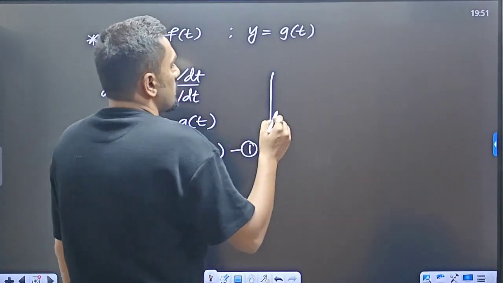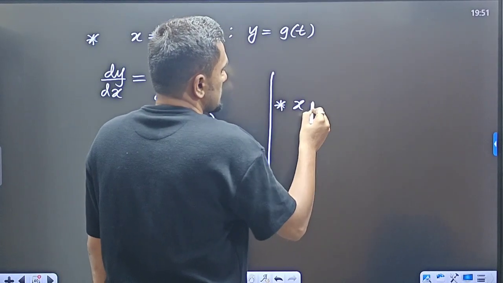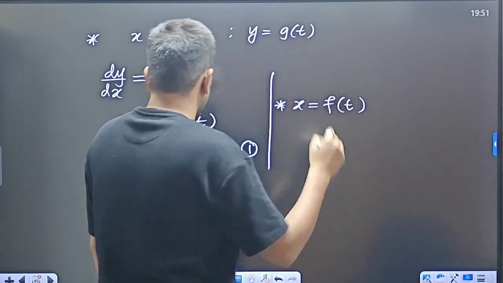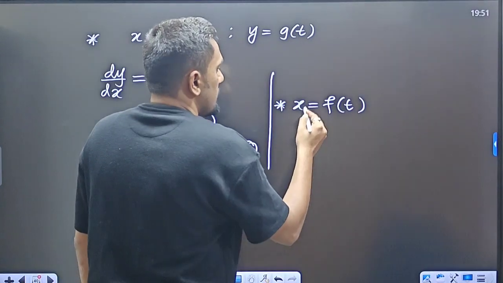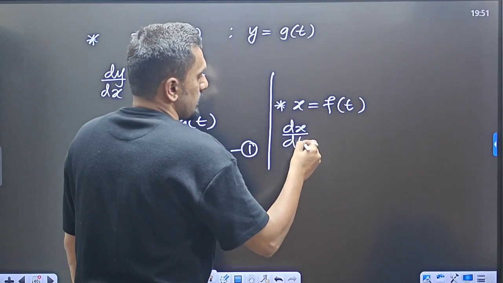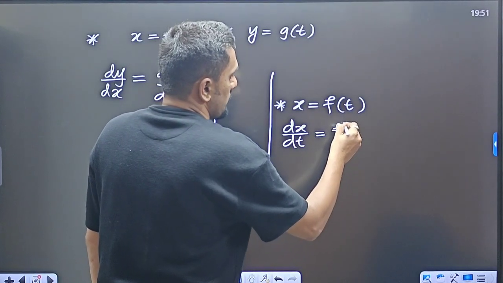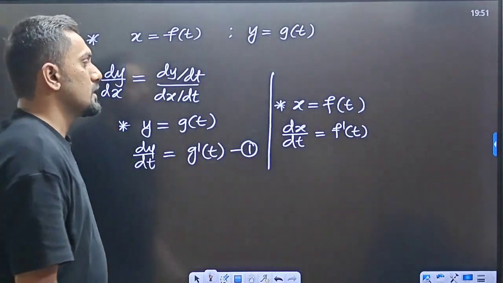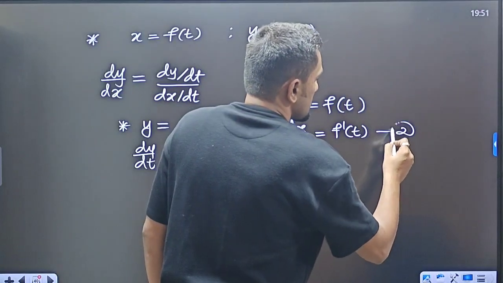Then if I differentiate x with respect to t, x is a function of t, right? Then dx by dt is equal to f dash of t. Call this equation 2.